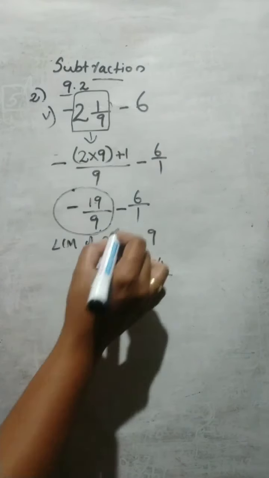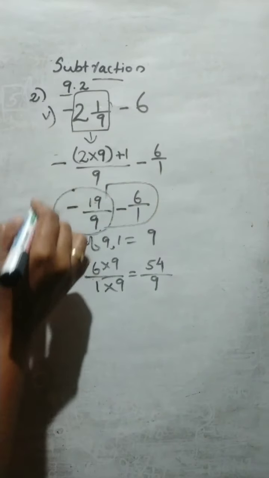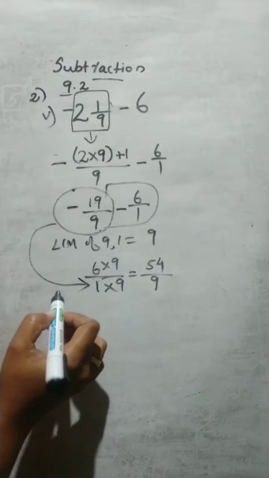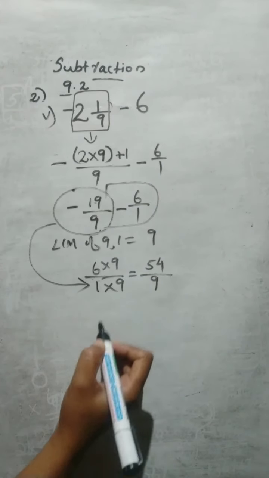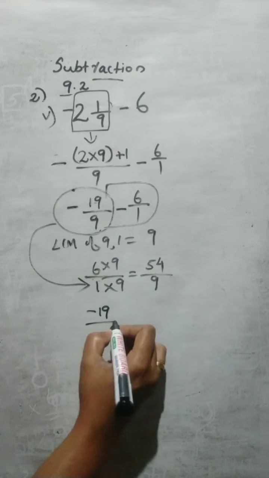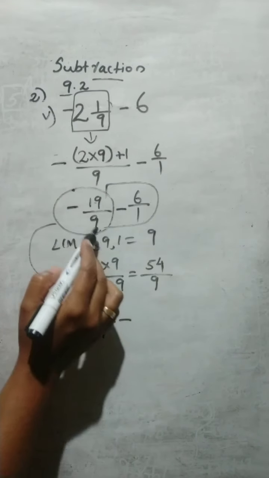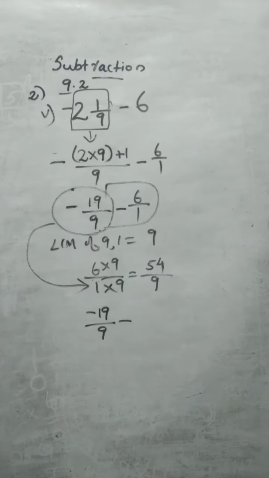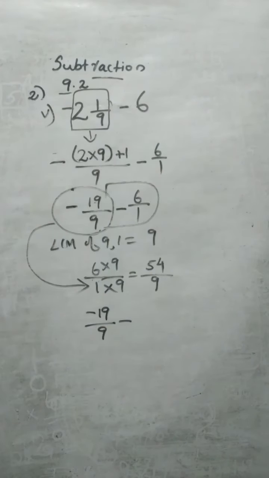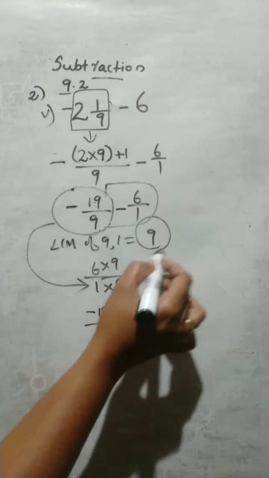So for this subtraction we can do 54 on 9 and negative 19 on 9. Why don't we want to change this one? Because this negative 19 on 9 is carrying 9 as the denominator. So the LCM is 9.